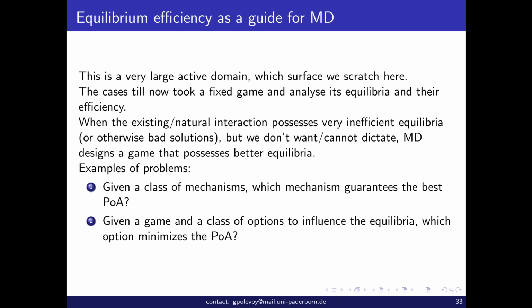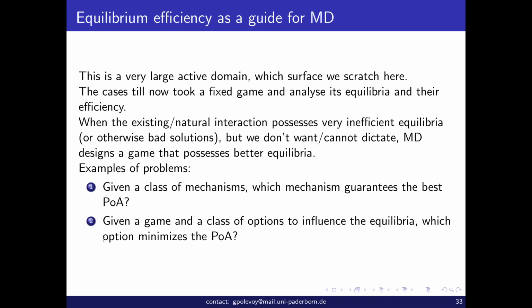But it's very interesting because if you can bound the price of anarchy, that means that assuming the players are going to play according to some solution concept, you can say that they're going to play at least as close to the optimum as the bound says.